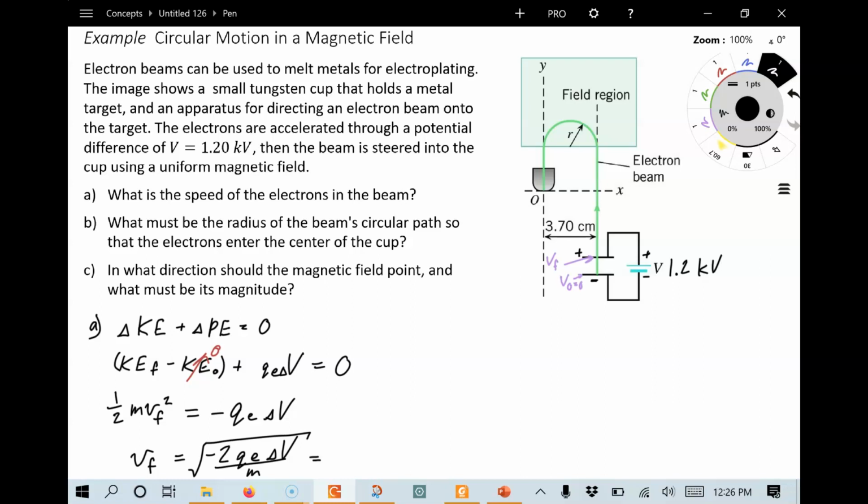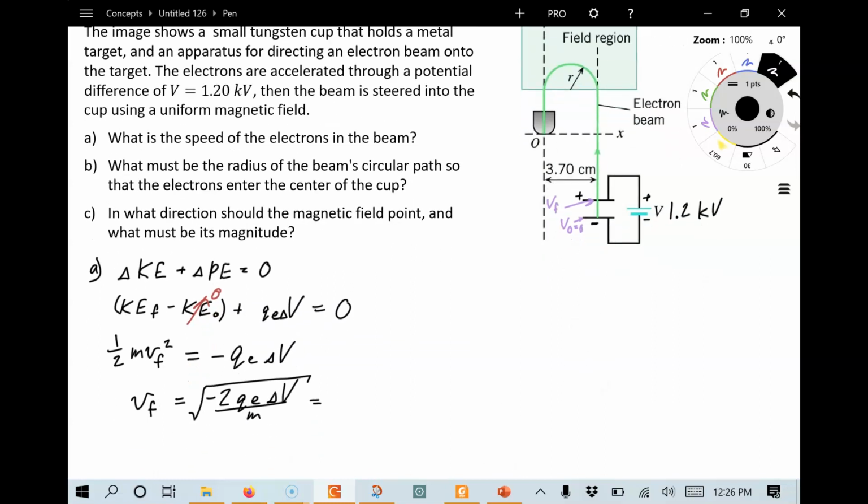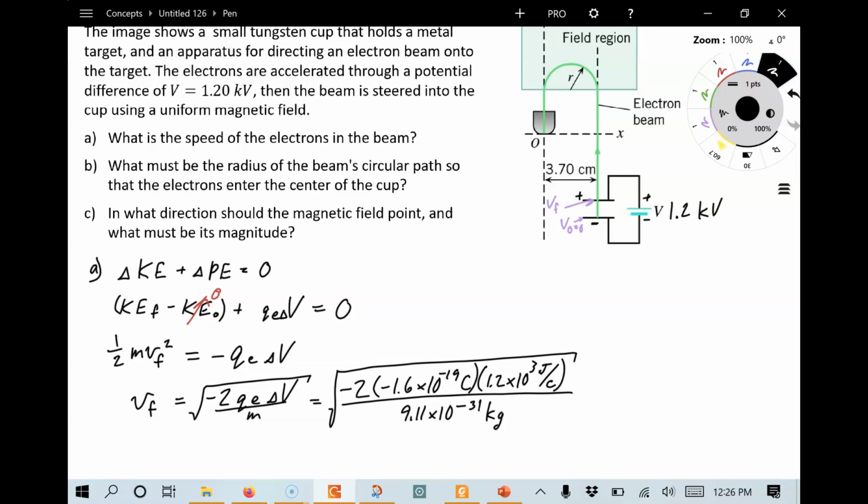Let's put our numbers in here. Minus 2, charge of the electron, minus 1.6 times 10 to the minus 19th coulombs, delta V, 1.2 times 10 to the 3rd volts, or if you want, joules per coulomb, divided by the mass of the electron, 9.11 times 10 to the minus 31st kilograms, and then let's go ahead and do this.